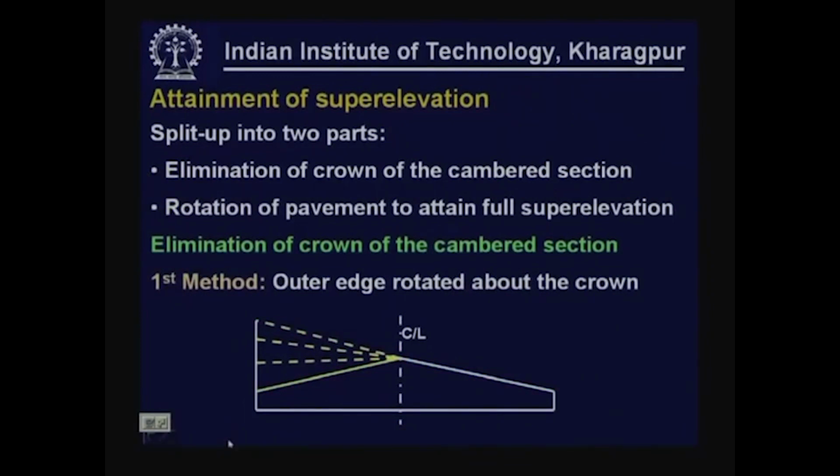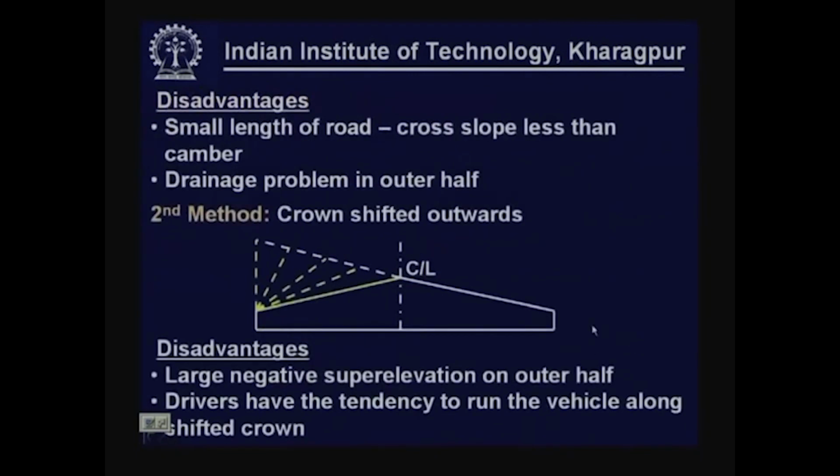So, if you see now, disadvantage basically are small length of road will have cross slope less than the camber. Therefore, there could be drainage problem in the outer half, and one may find that outer edge or that portion may get damaged much early.